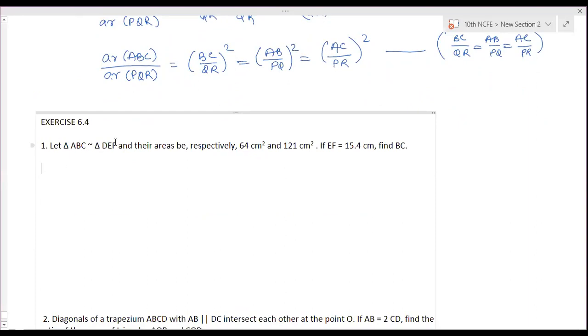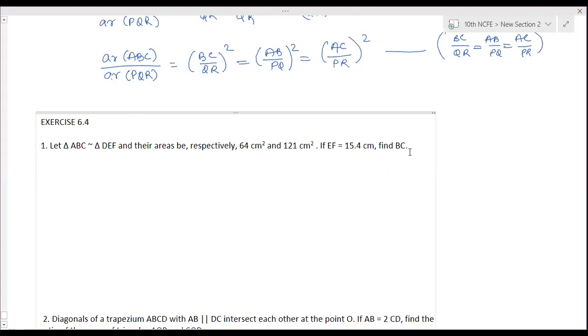So triangles ABC and DEF are similar. So this theorem you can apply only when the triangles are similar, otherwise you cannot use it. Either you have to prove similarity from the given conditions, and then you can use the formula. Now here they have already given ABC and DEF are similar, and the areas are also given.